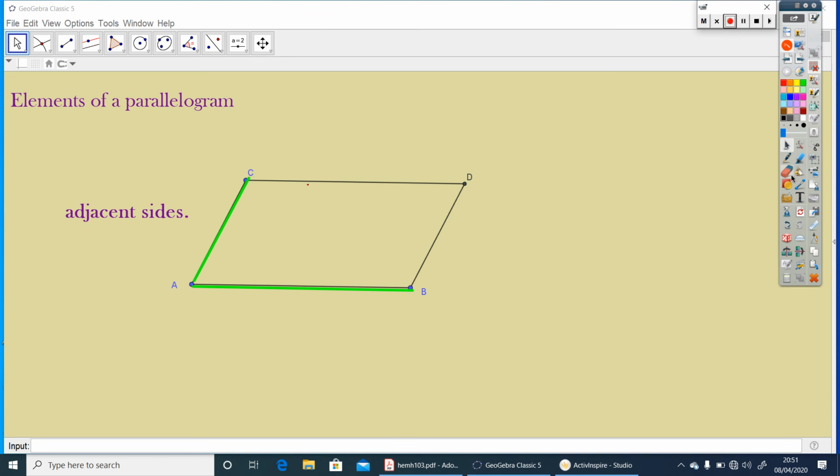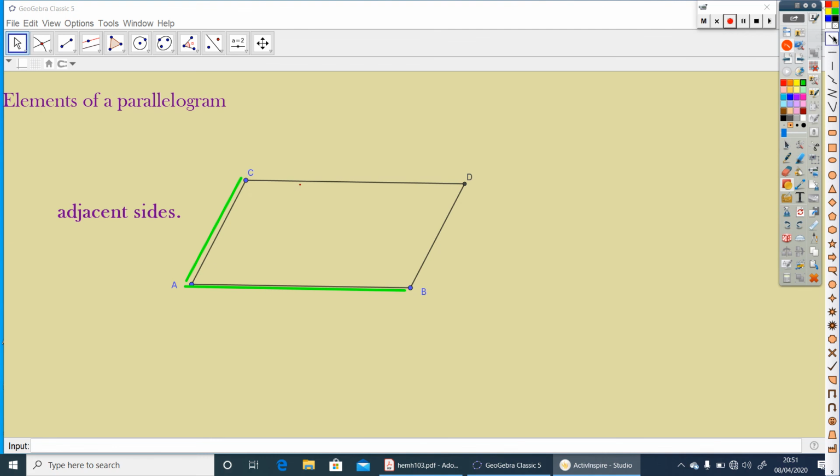That we can write as CD and DB. Or one more you can write as AC and CD, also adjacent sides. Similarly, AB and BD are also adjacent sides. So four pairs of adjacent sides we can name in this quadrilateral.